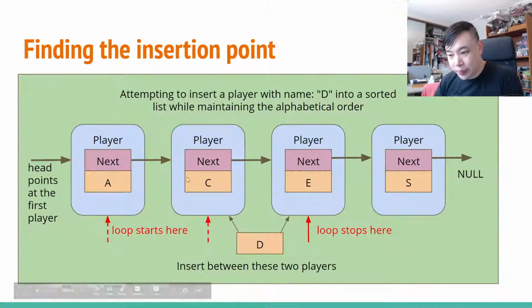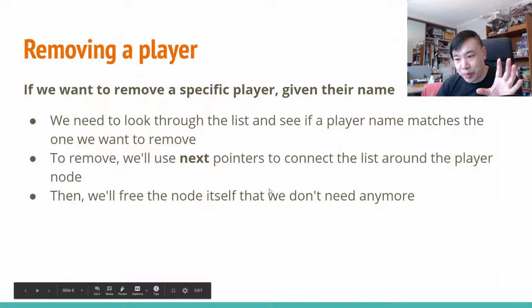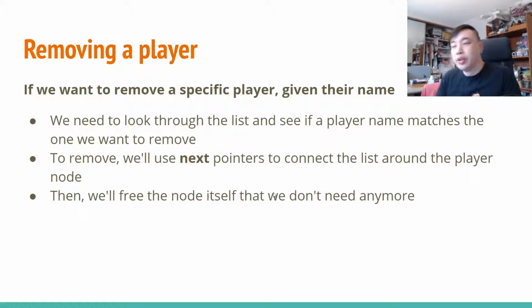Okay, so that's where we're up to at the moment, inserting alphabetically. So now we want to look at removing a player. The goal that we have here is to remove a specific player given their name.